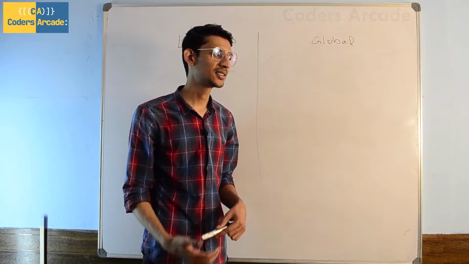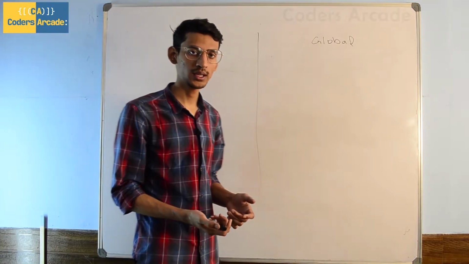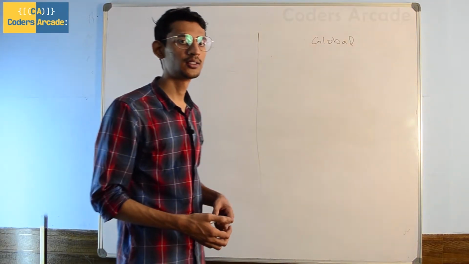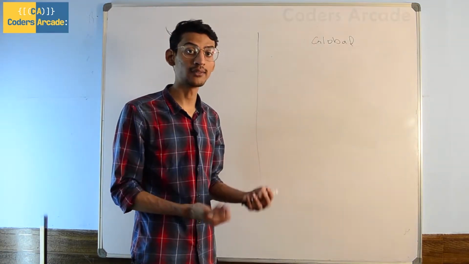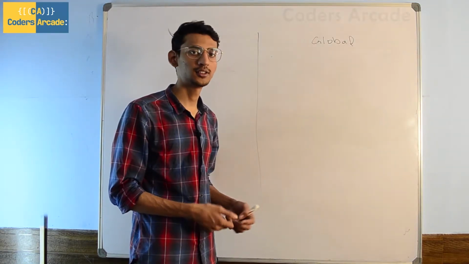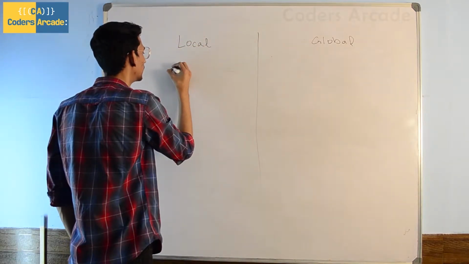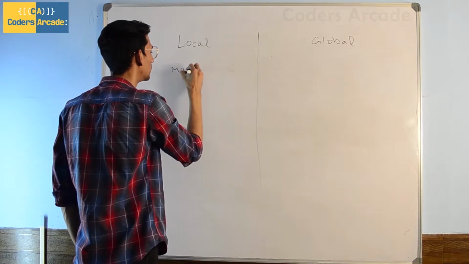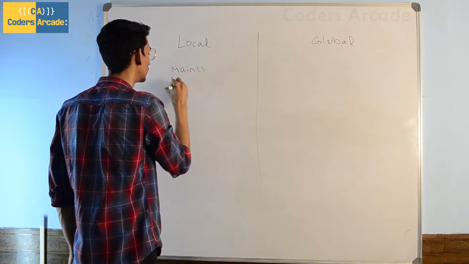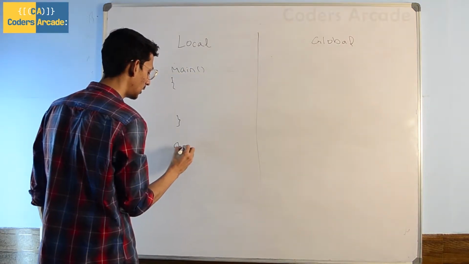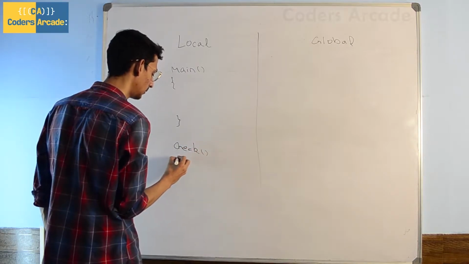So it cannot be accessed outside that function, okay? And a global structure is a structure which is defined outside a function so that it can be accessed globally anywhere. For example, this is our main function, and this is our check function, maybe.